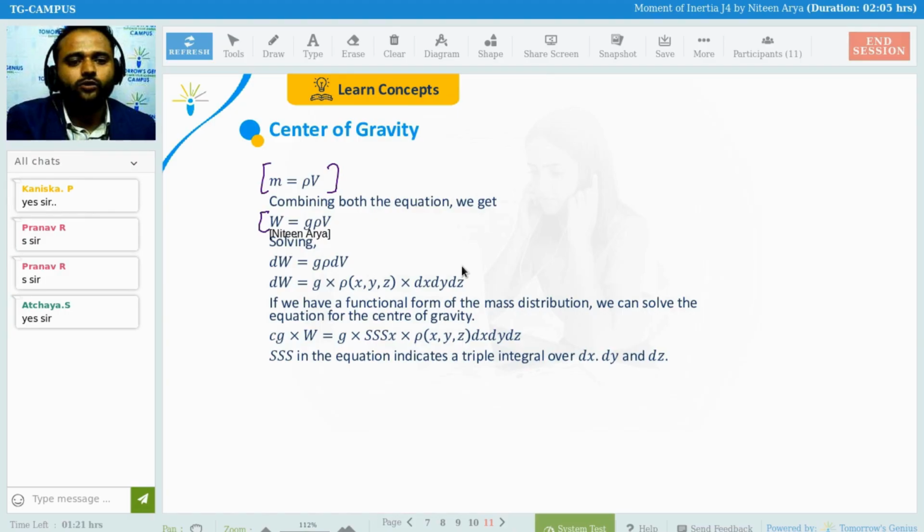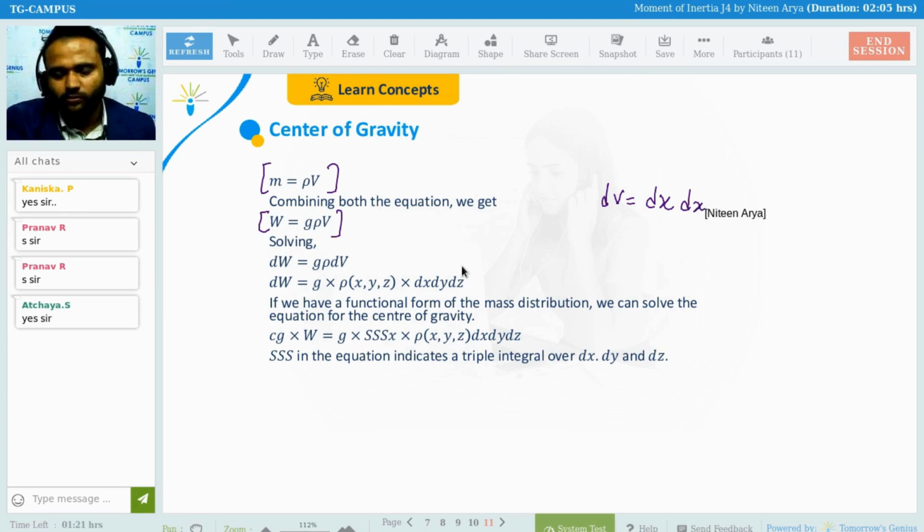Combining both equations, W is going to be rho V g, and dW is going to be rho g dV, where dV is nothing but dx dy dz, because you can put this in triple integration form, dx dy dz, basically.